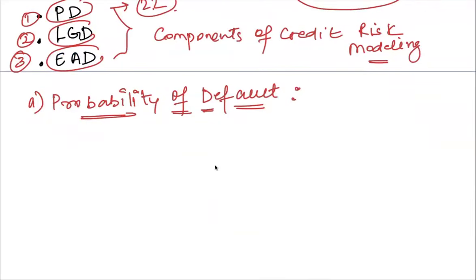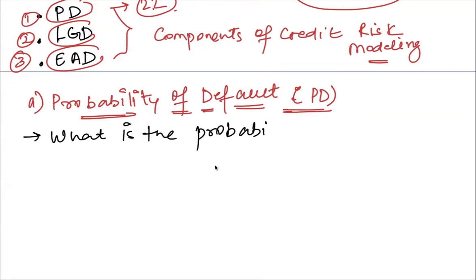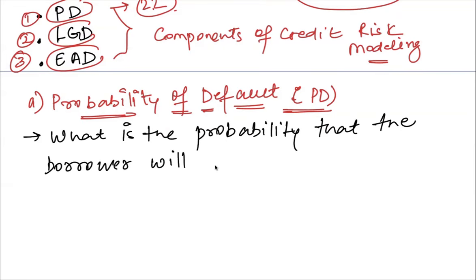So let's understand what PD is. PD tells you the probability that the borrower will default.